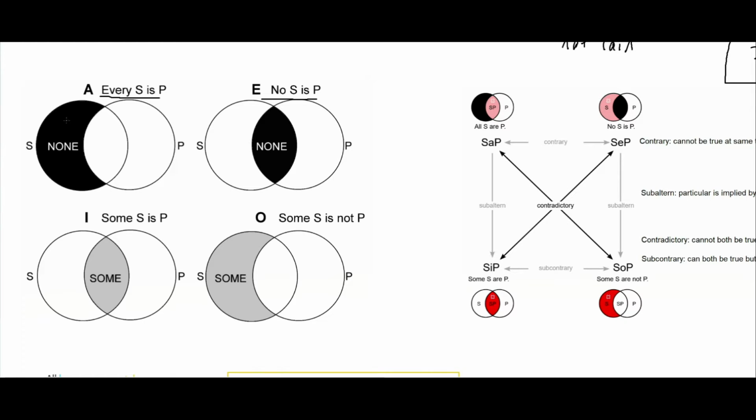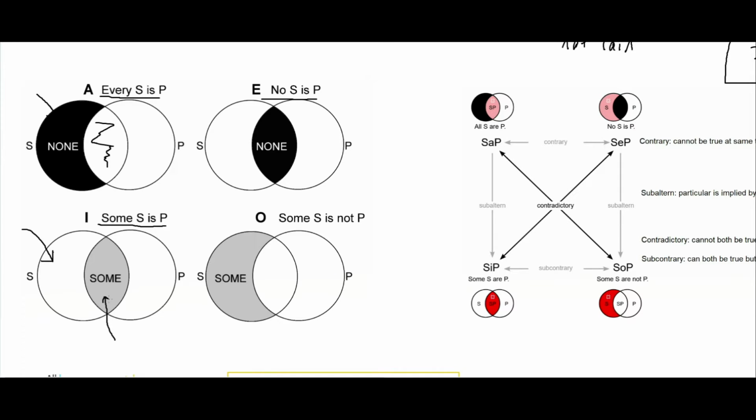If all S is P, then there's none here, because none of it will fall outside of the P. Only here, where it falls inside the P, will you find any S. Then over here, the opposite. Where these things overlap, you will not find any S within P. Then down here we have some S is P. We're saying that some of the S does in fact lie outside of P, but some of it lies inside.